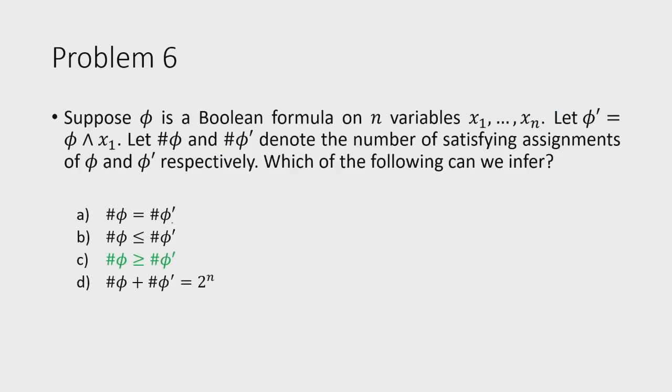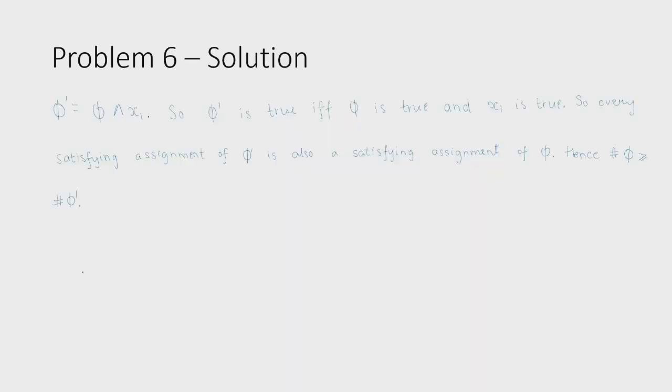Now let us see why options A, B, and D are wrong. So option B is false. Okay, so let phi be x1. Then what is phi prime? It's x1 and x1 complement.